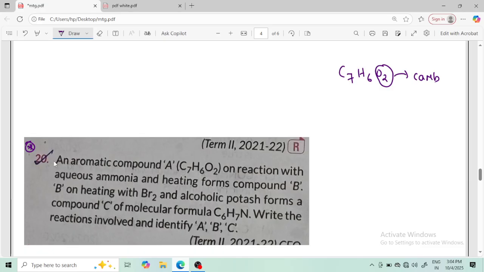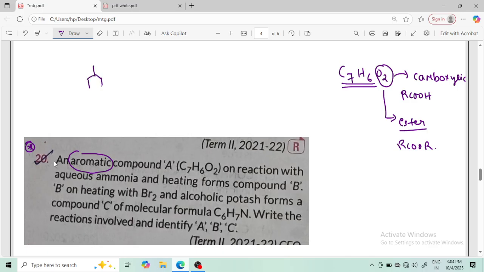One is a carboxylic acid, RCOOH, and another one is an ester, whose general formula is RCOOR. Another important thing is that if the number of carbons and hydrogens are nearly the same, like 7 and 6, then definitely there is a benzene ring, which is again confirmed by the word aromatic. So let's see what our structure will be.